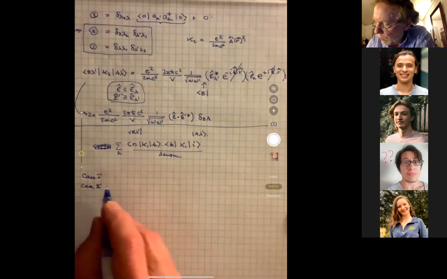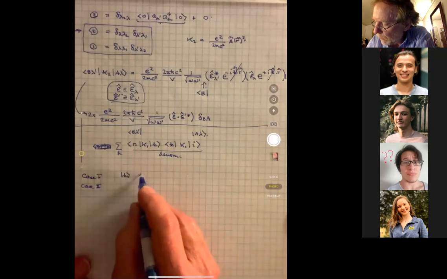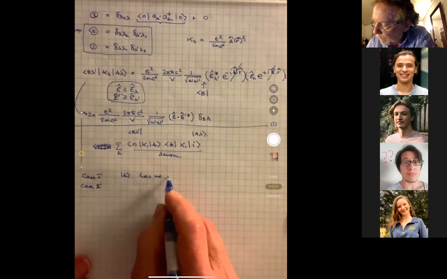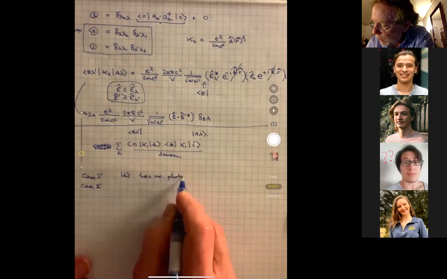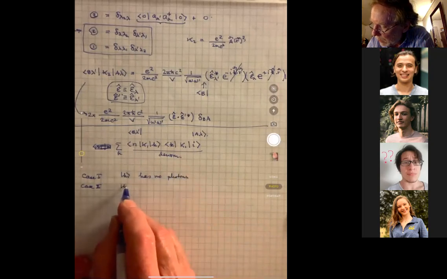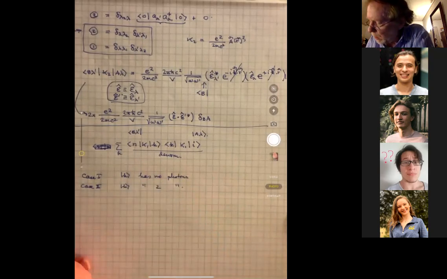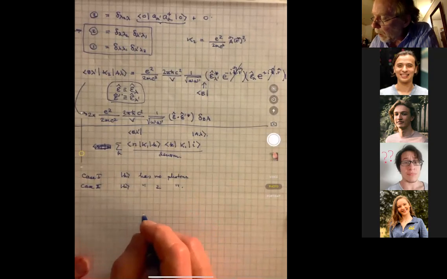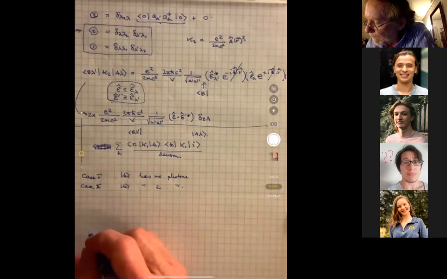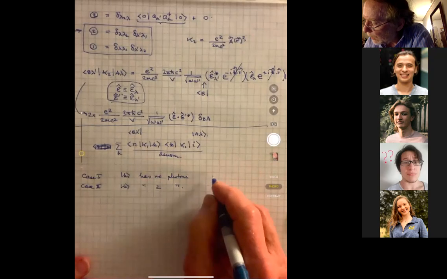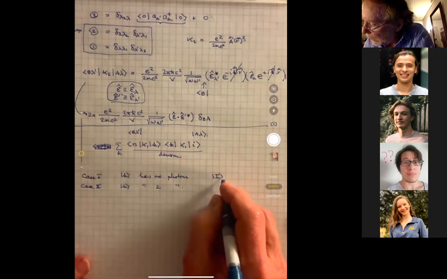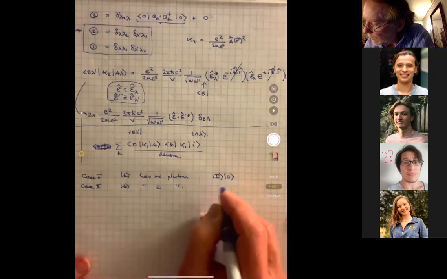Case 1 is where the intermediate state K has no photons. And then in case 2, the intermediate state K has two photons. So, all right, now, if the intermediate state K has no photons, let's write it this way as I, capital I times vacuum.